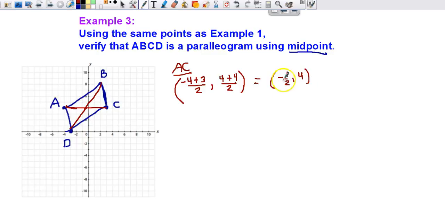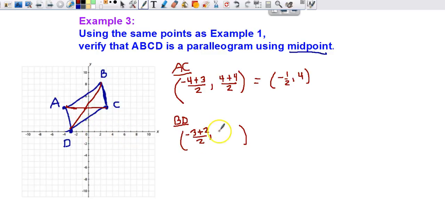You're welcome to write negative 0.5 if you prefer. That's up to you. Personal preference. We'll do the same thing with BD. This is going to be negative 3, 0. So negative 3 plus 2 divided by 2.